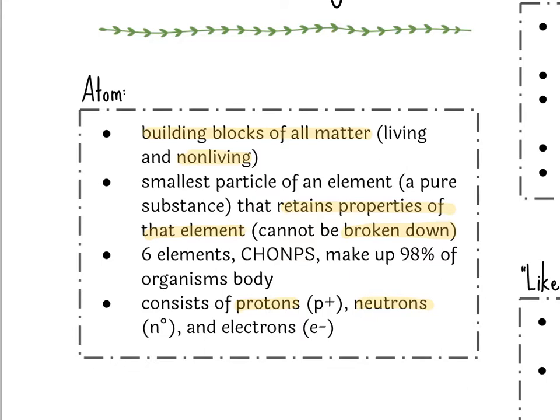That would be easy to remember, but it's not that way. Neutrons, think of neutral. If something's neutral, it doesn't take a side or have a charge. Neutrons don't have any charge, and we indicate it with what looks like a degree sign. And then the third things that atoms are made up of are electrons. And electrons, as you can see here, are the negative particle.